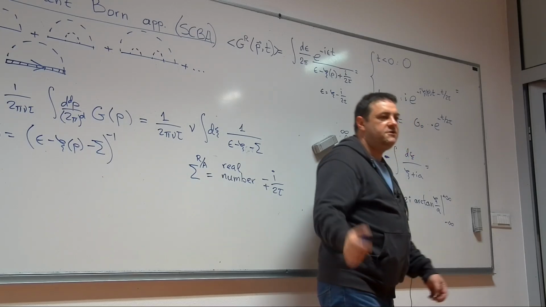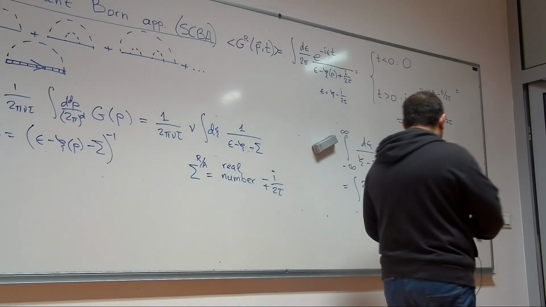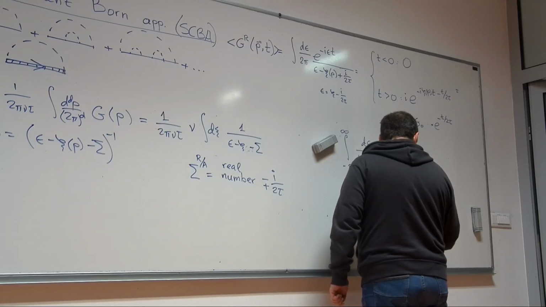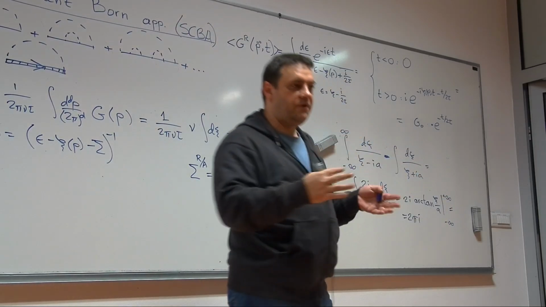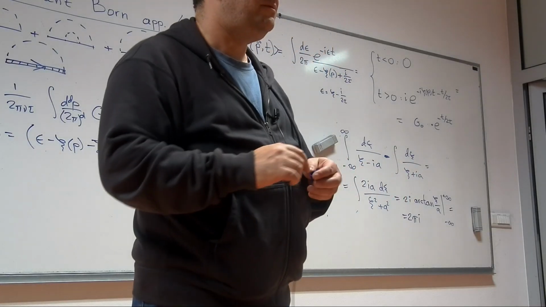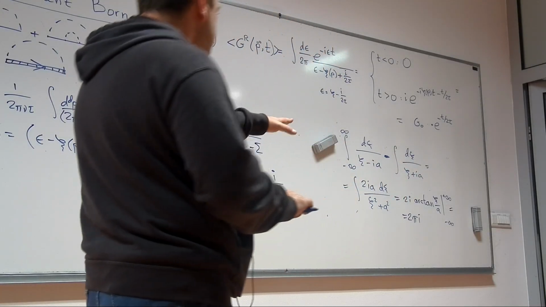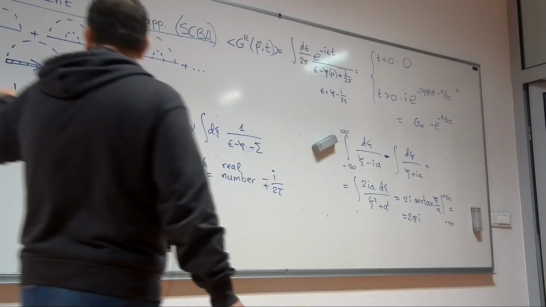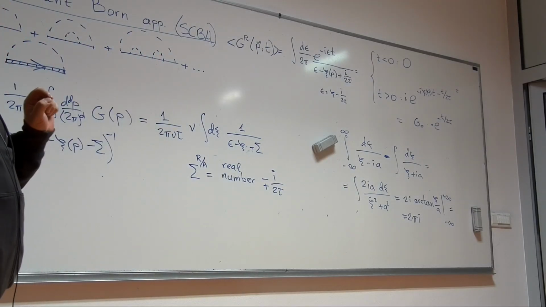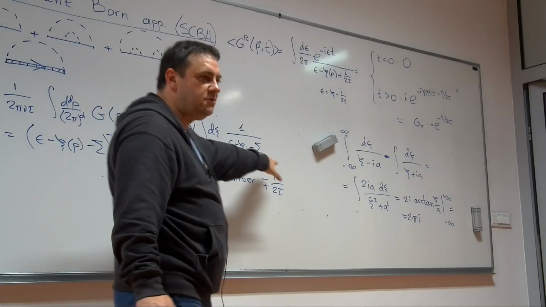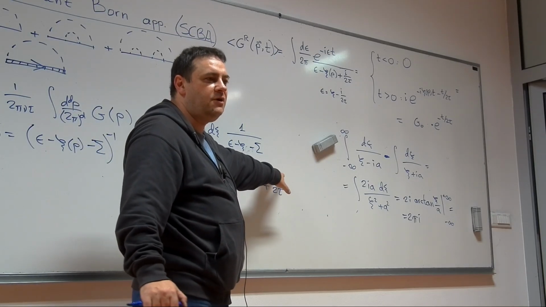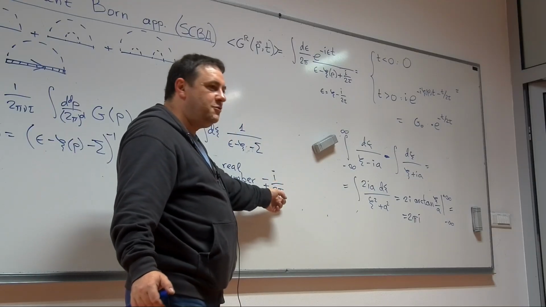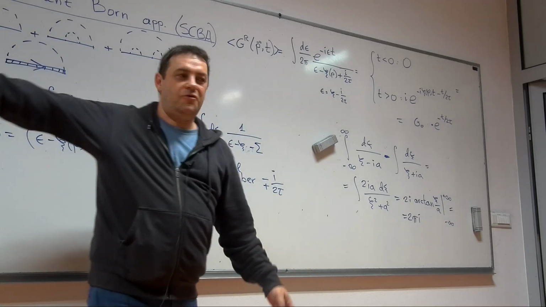At minus infinity, it's minus pi over 2. In total, this is 2 pi i, and it does not depend on a. That's the trick. So no matter what number you put here, the calculation says that sigma is that number. It does not depend on what was inserted here. Was it i0 or i over 2 tau or i times something else? The left-hand side does not depend on it and is the same for all numbers.